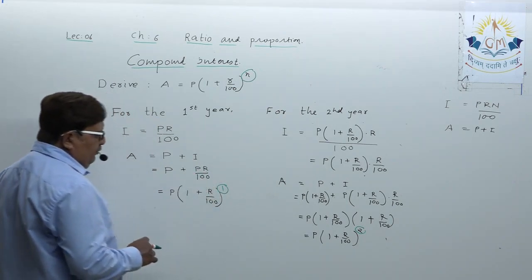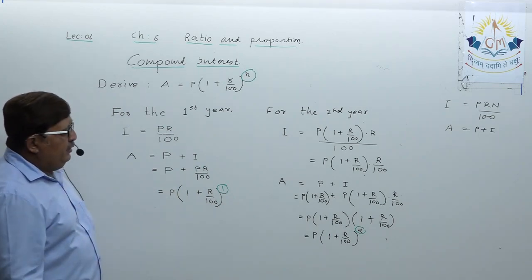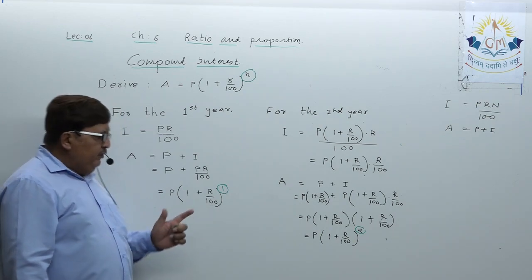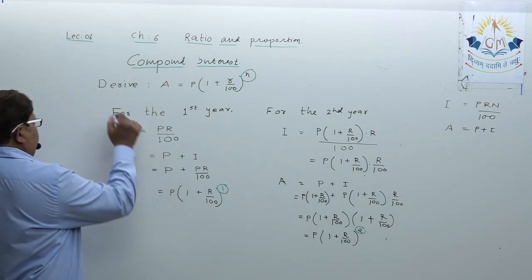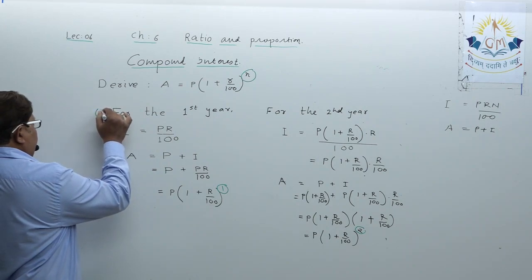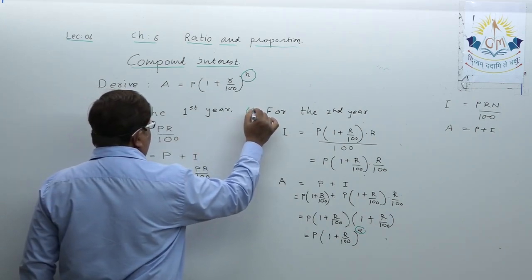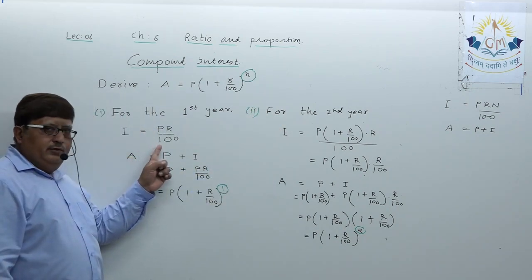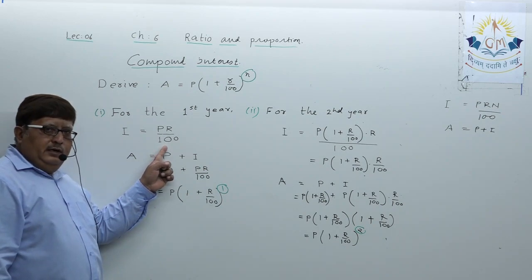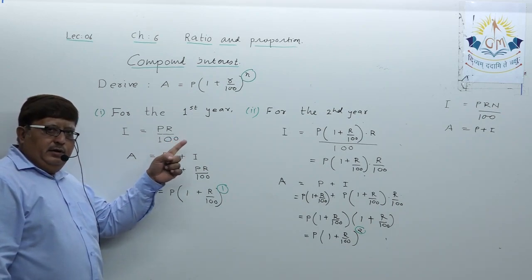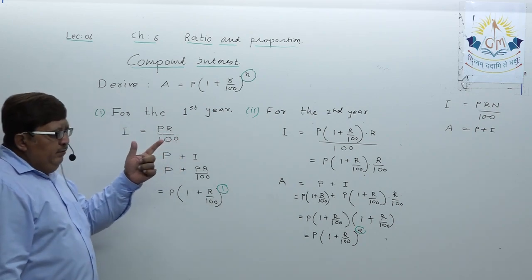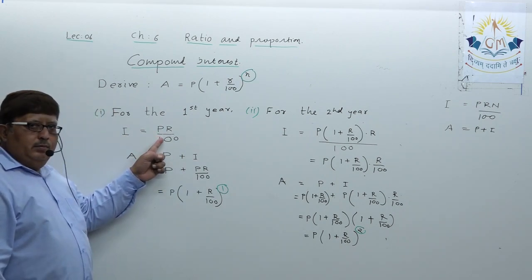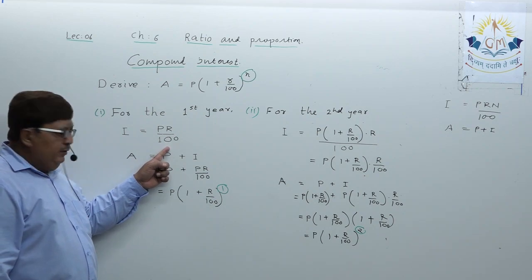Still further we are carrying, but if I ask you to derive this formula, first, my dear student, you have to write these two stages first. Let me remind you, just concentrate. I equal to PRn upon 100. n will be 1 because for the first year, PR upon 100.